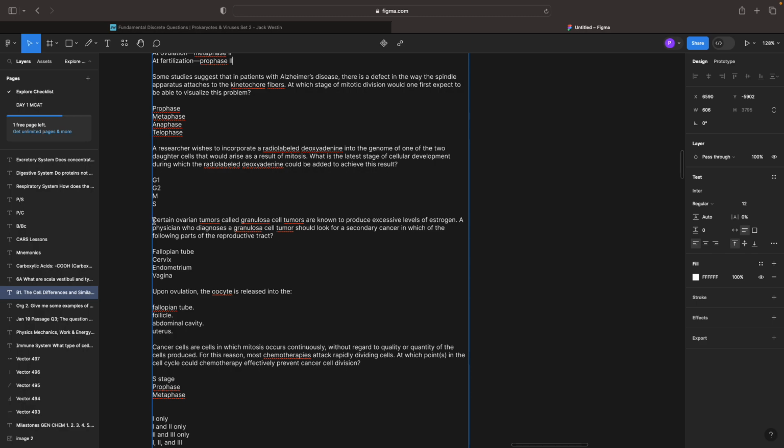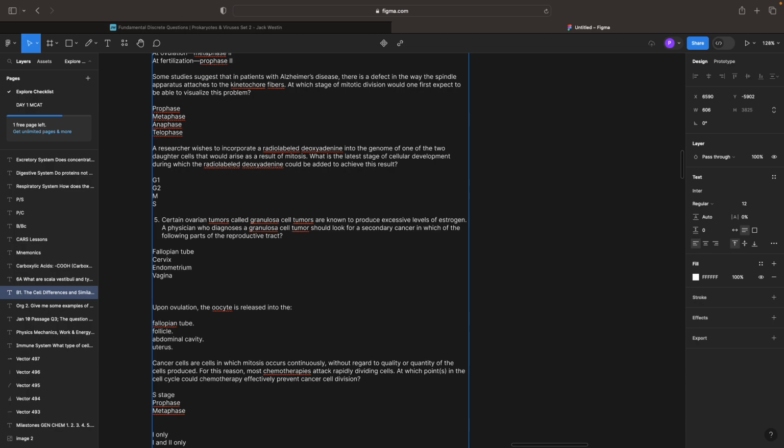So, if this is the question, take away: only the endometrium needs estrogen for growth.